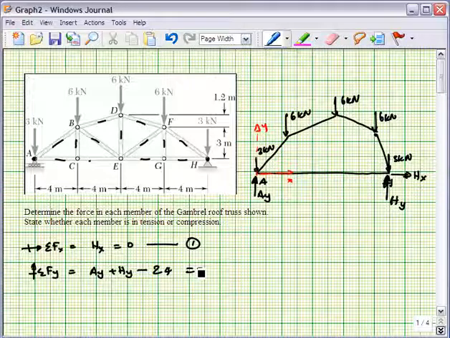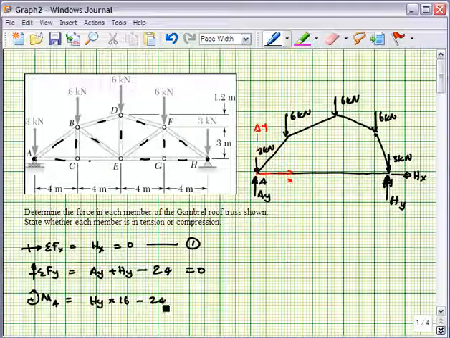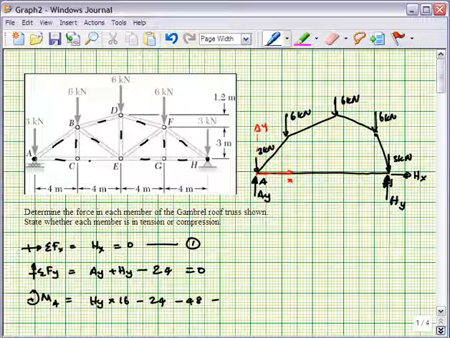If I sum all the moments about the point A, I will get HY times 16 minus 6 times 4, minus 6 times 8, minus 6 times 12, minus 3 times 18.